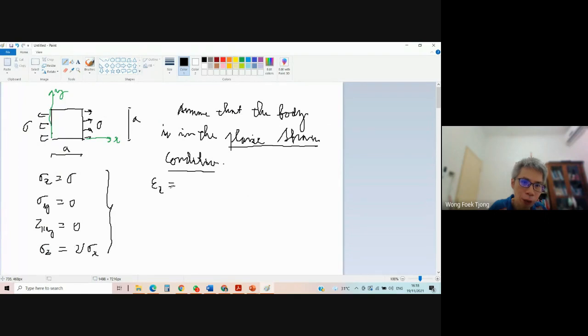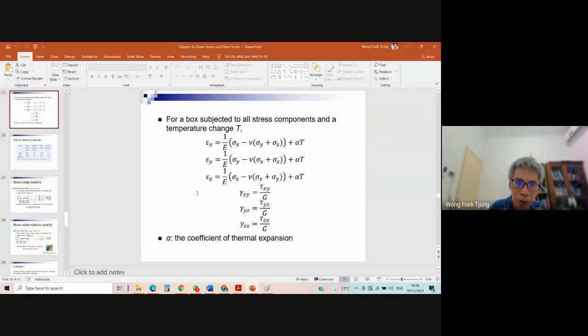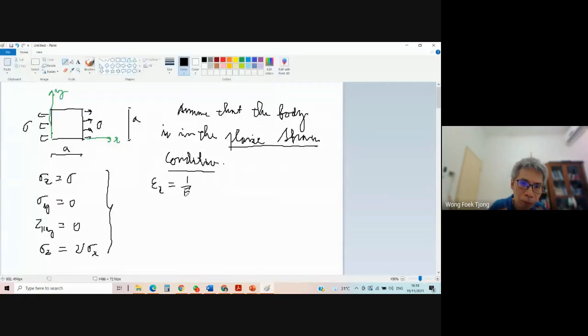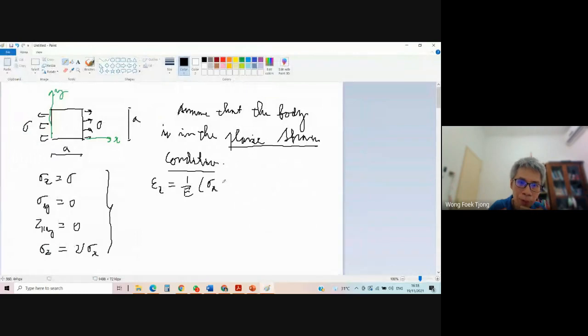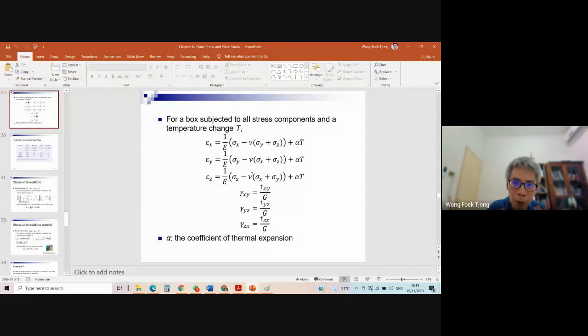So epsilon x is what? From here, 1 over E, sigma x minus nu times sigma y plus sigma z.